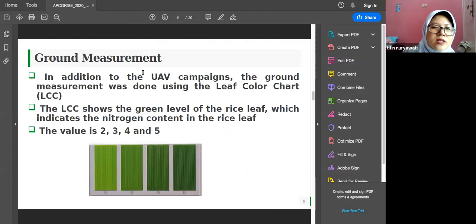In addition to the UAV campaign, we also did ground measurement using the leaf color chart. It shows the greenness level of the rice leaf, which indicates the nitrogen content in the rice leaf. The values are 2, 3, 4, and 5.